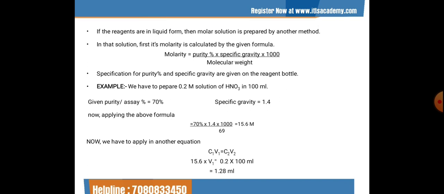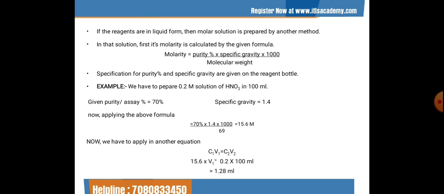Now in order to make 0.2 molar in 100 ml solution, it would act as a working solution for us. So here C1 is the stock solution concentration, V1 is the volume needed from the stock solution for making the working solution, C2 is the working solution concentration, that is 0.2 molar, which we have to prepare, and V2 is the given amount of working solution, that is, we have to make 100 ml of solution of 0.2 molar concentration of HNO3.